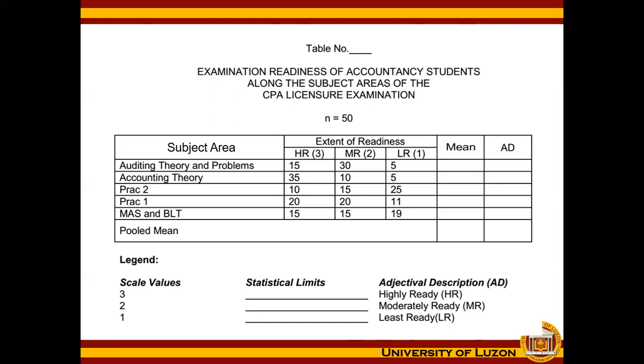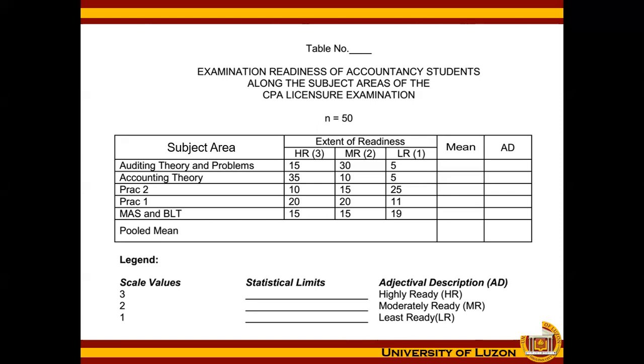So in this particular table, you will indicate how many of the 50 samples responded HR or highly ready, MR for moderately ready, and LR for least ready.